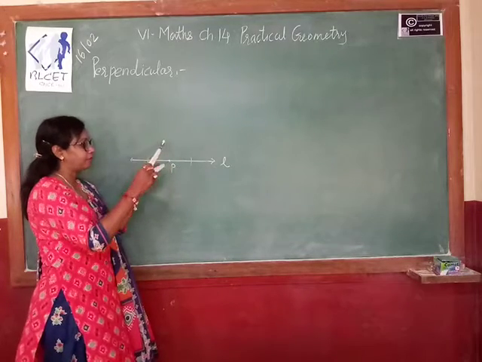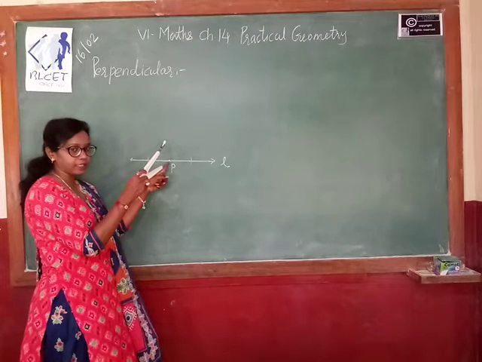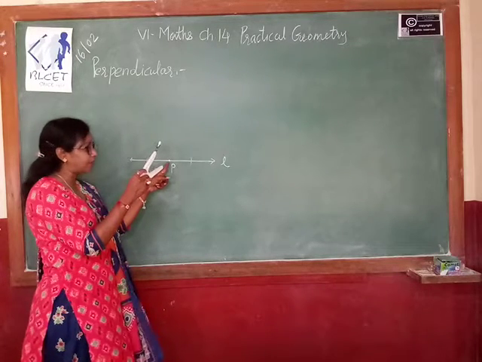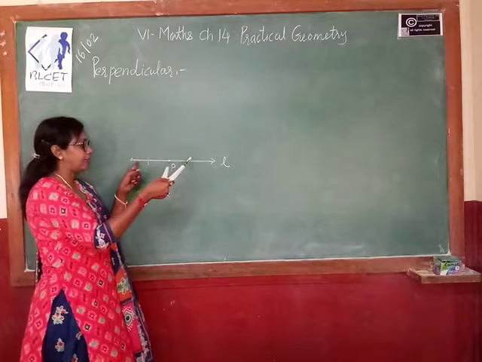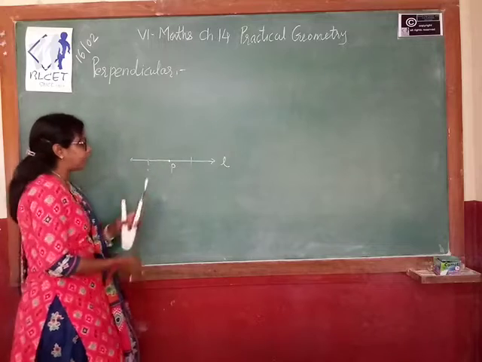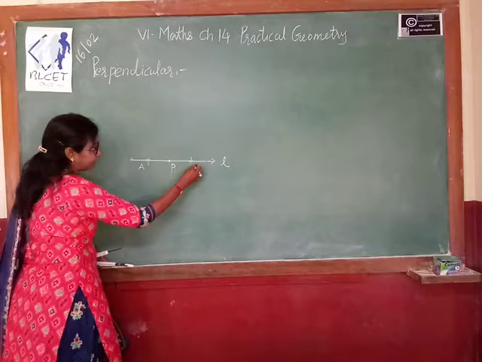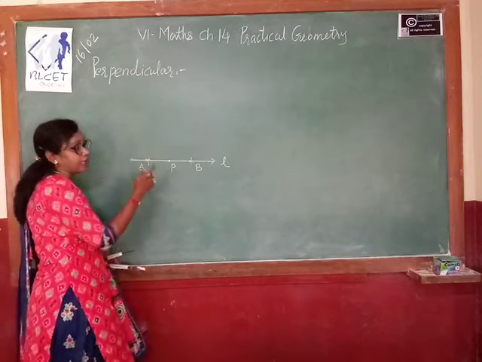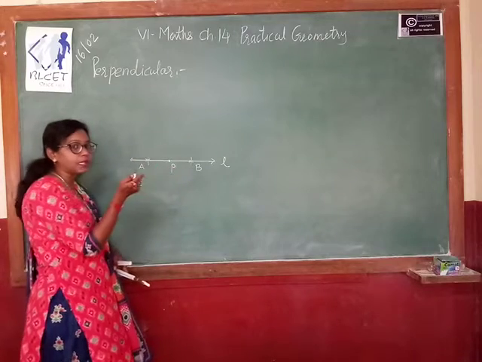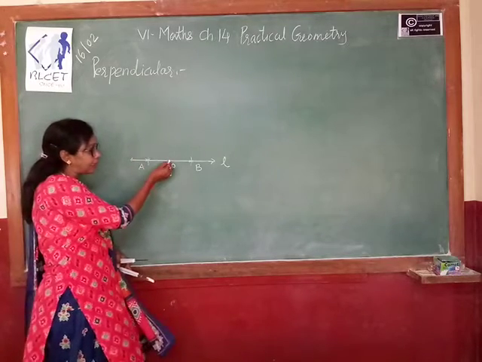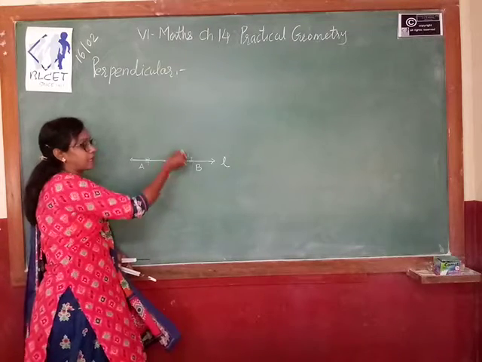With the help of the compasses, keep the pointer on P as center. We draw an arc on the left side as well as the right side, so that we get two intersecting points A and B. In your book the half circle is drawn so that you can understand that AP is the radius of this circle.